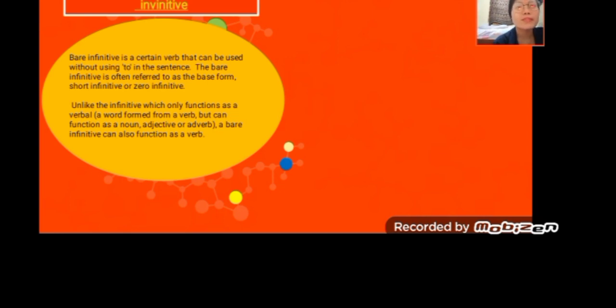Unlike the infinitive, which can function as a noun, adjective, and adverb, a bare infinitive can only function as a verb.